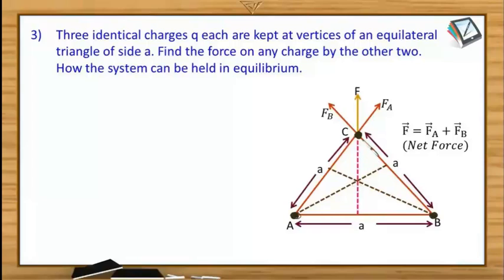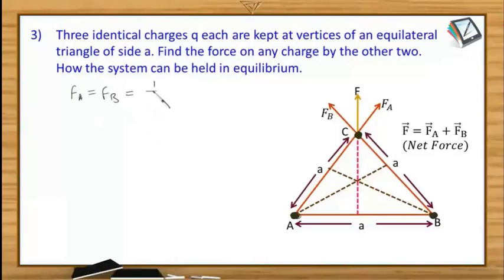So at point C, the force exerted by the charge at A will be along this line, and it is repulsive, so this way. So it is Fa. And similarly, the charge B will apply a force acting along this line, and it is repulsion, so this way. As charges are the same, distances for these two pairs are also the same, so the magnitudes of Fa and Fb are the same.